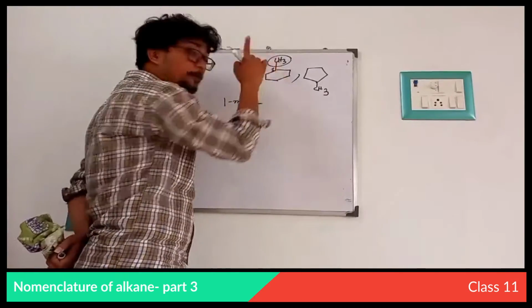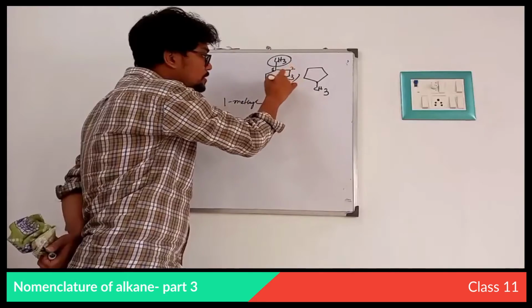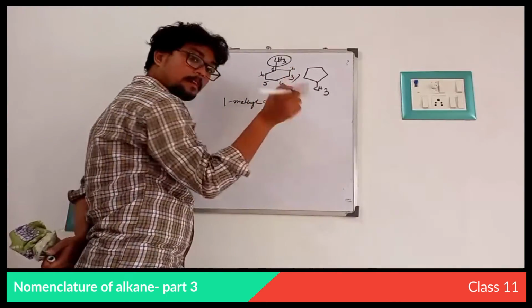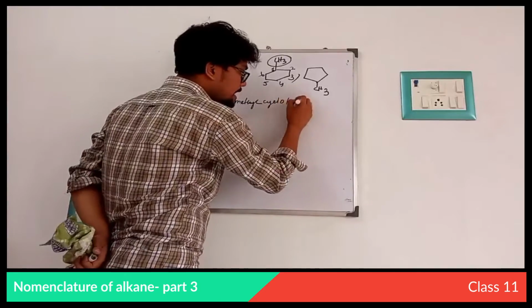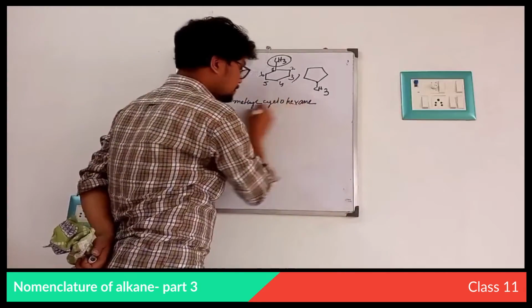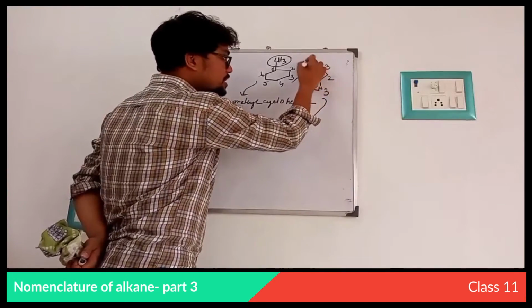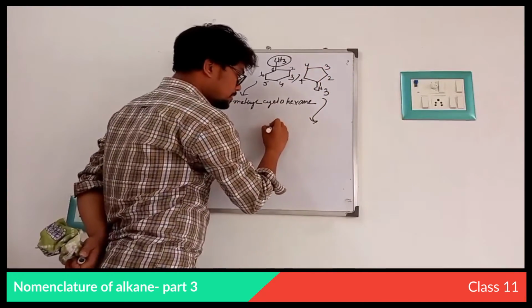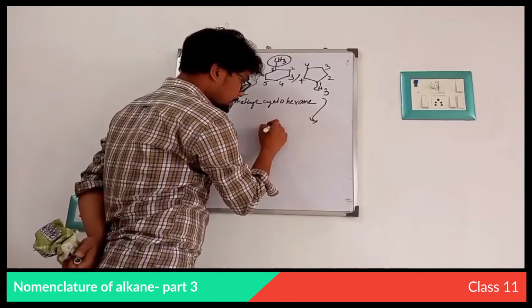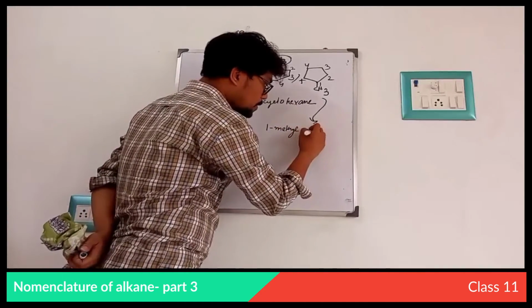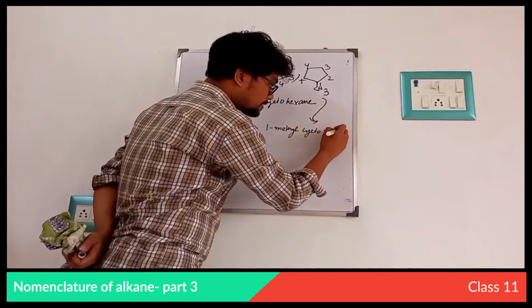Okay. Then how many carbons are present? 2, 3, 4, 5, 6. Then cyclo, how many? 6 carbon. Alkane, hexane. Okay. And what is the name? 1, 2, 3, 4, 5. 1 methyl cyclopentane.